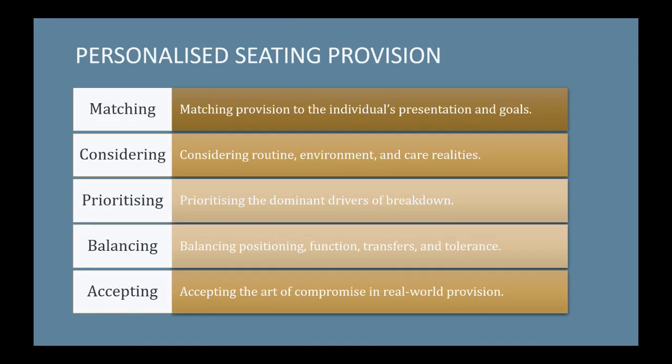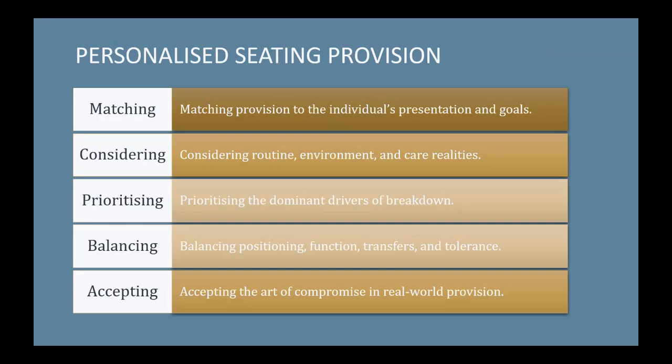Before we get into the framework itself, I just wanted to pause and define what I mean by personalised seating provision, because it can mean different things to different people. For me, it's not simply about adding more support. It's not about making a setup more complex just for the sake of it. It's about matching provision to the individual's presentation and their goals.